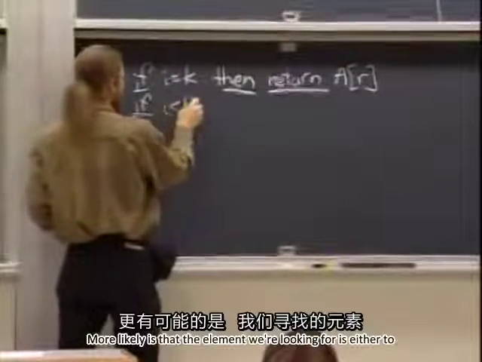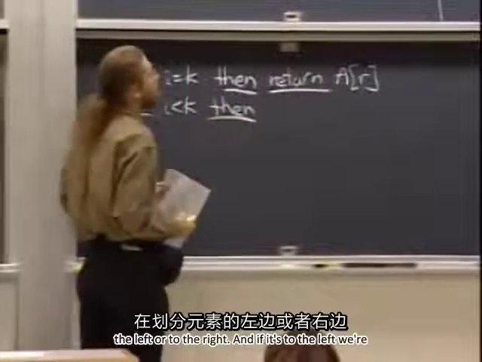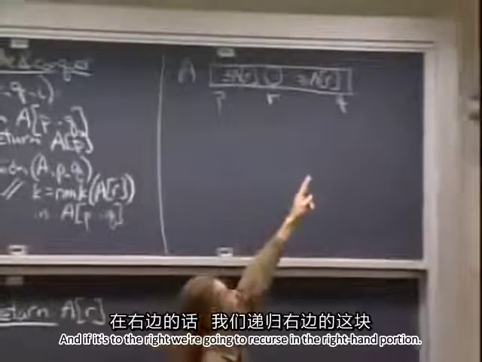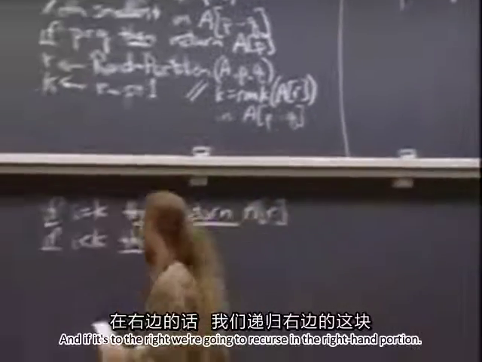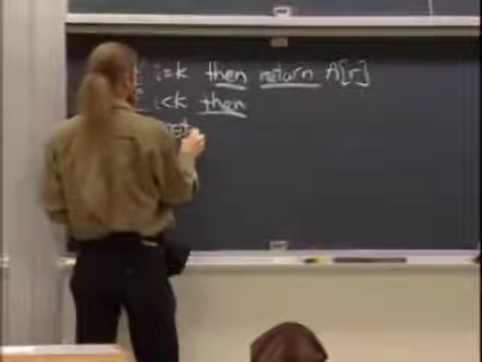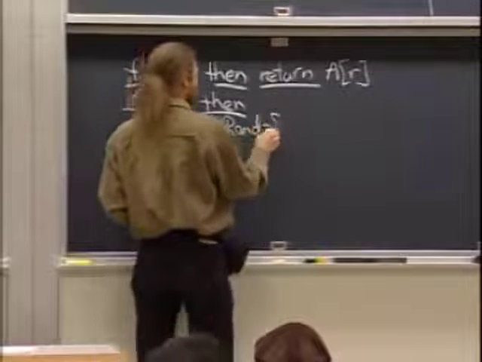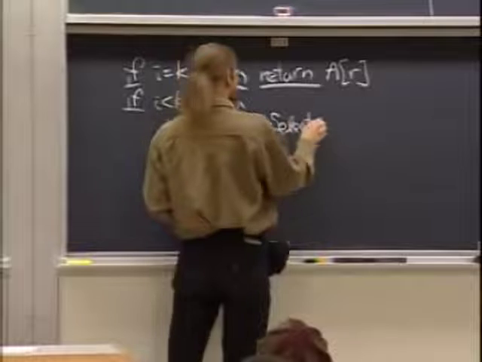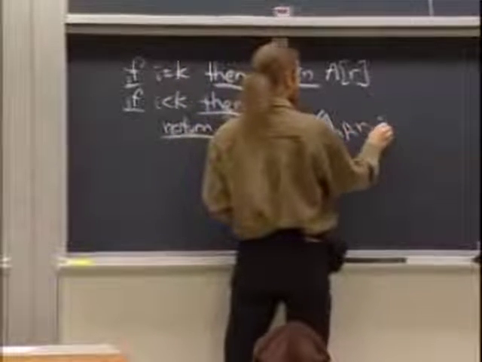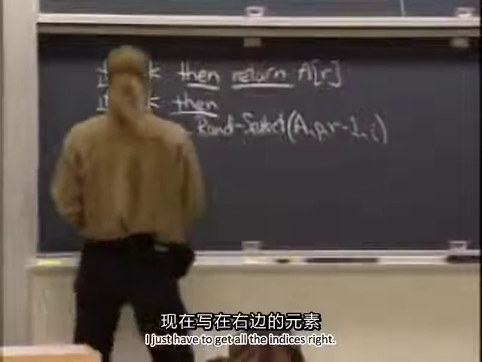More likely is that the element we're looking for is either to the left or to the right. And if it's to the left, we're going to recurse in the left-hand portion of the array. And if it's to the right, we're going to recurse in the right-hand portion. So pretty straightforward at this point. Just have to get all the indices right.